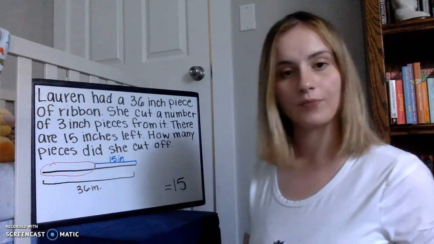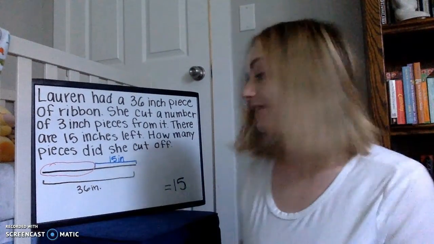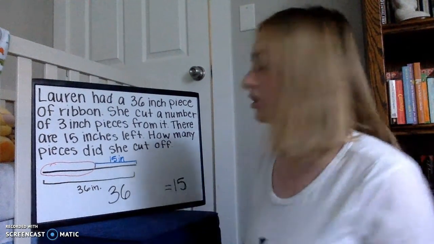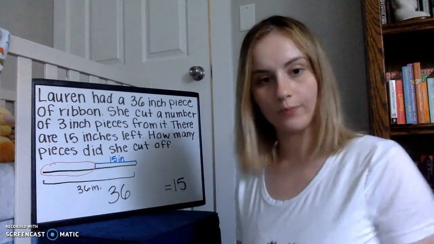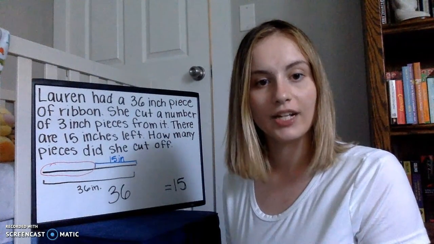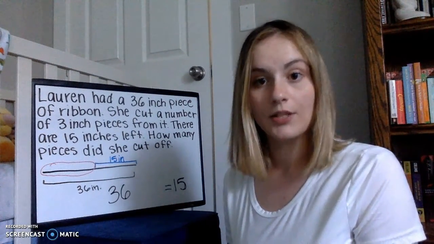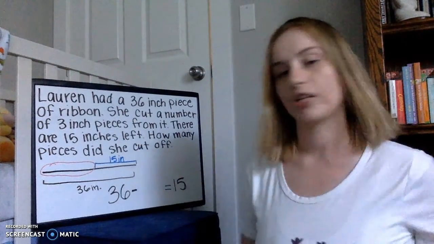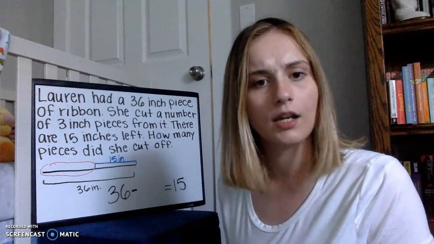So I'm going to start there. She had 36, so I'm going to start with 36 because that's how many she had. She started with that many, so that's what I'm going to do. Then she cut a number of inches from it. So that means she took away. So taking away from 36, perfect.